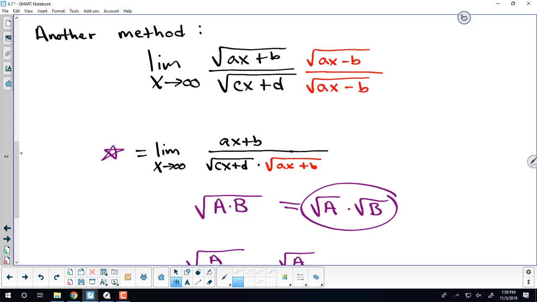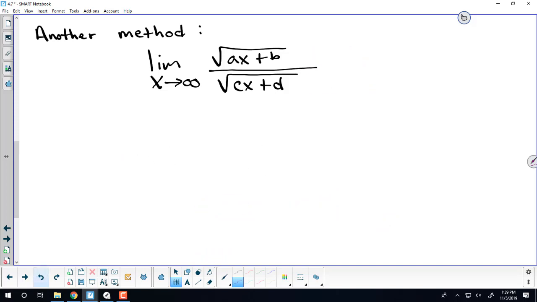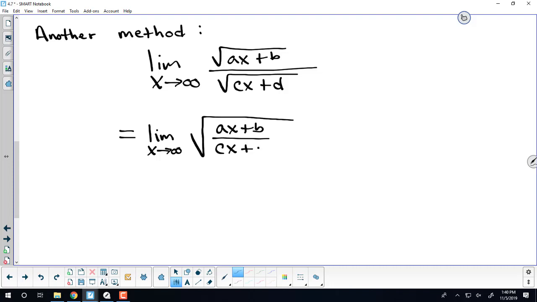So we might as well just do that from the very beginning. So just rewrite this limit as x goes to infinity of the square root of ax plus b over cx plus d. And what can we do from there?